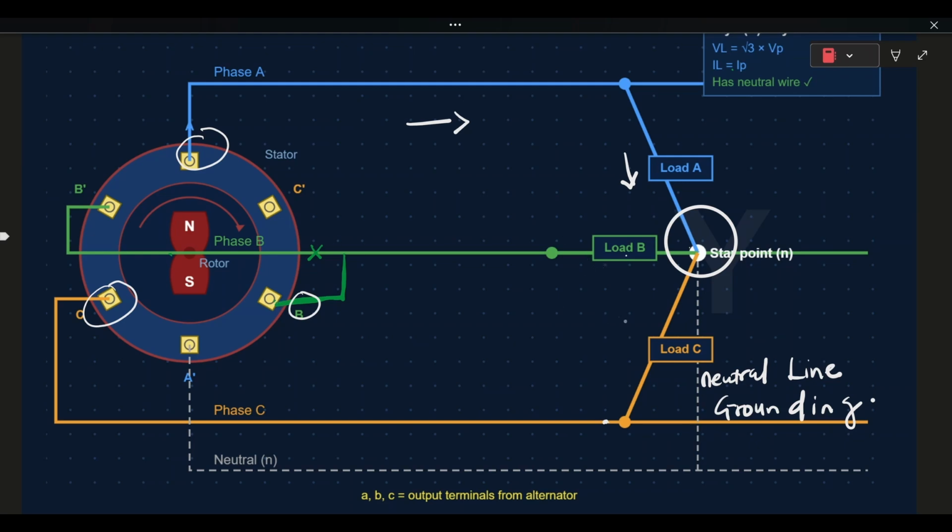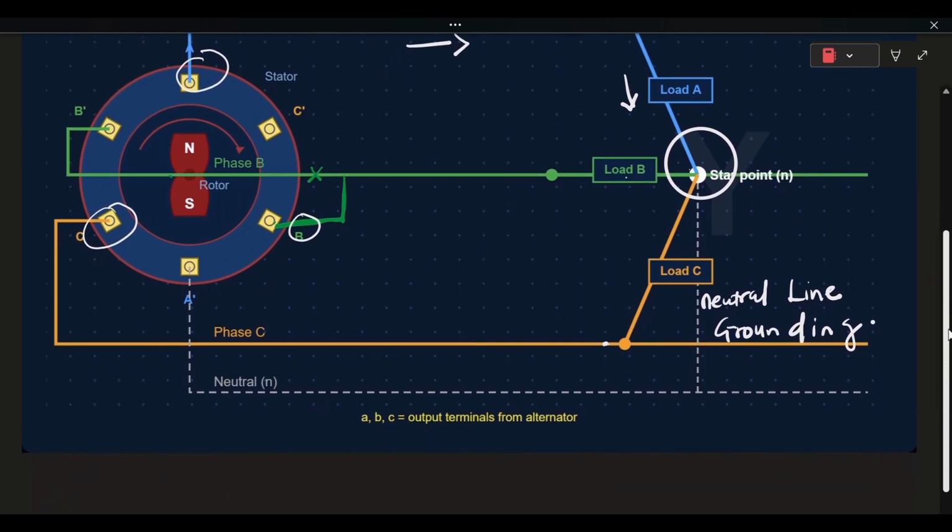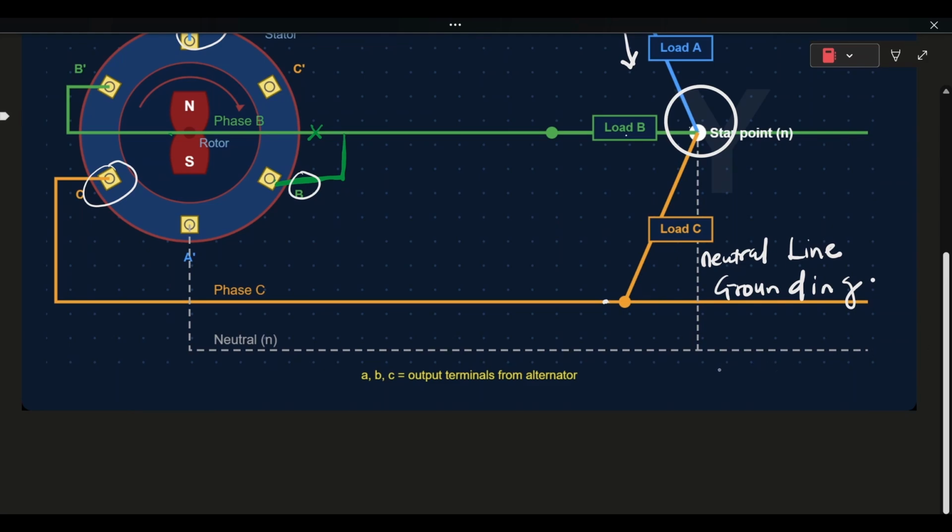So now with this, let's look at the voltage relation in the Y configuration. First let's know what VL is. So VL, which is the line voltage, refers to the voltage between two phases without a neutral. And our phase voltage VP refers to the voltage between the phase and a neutral.